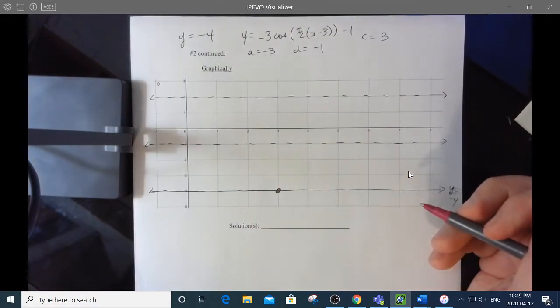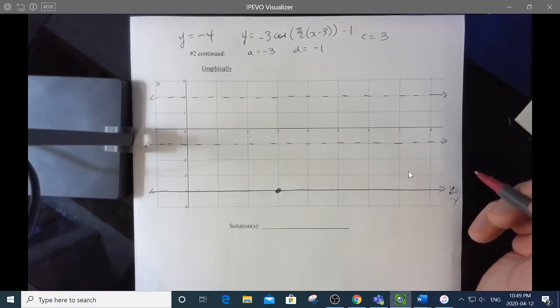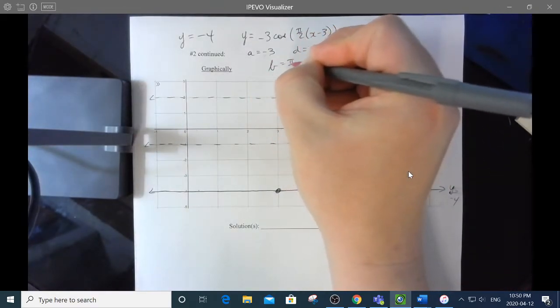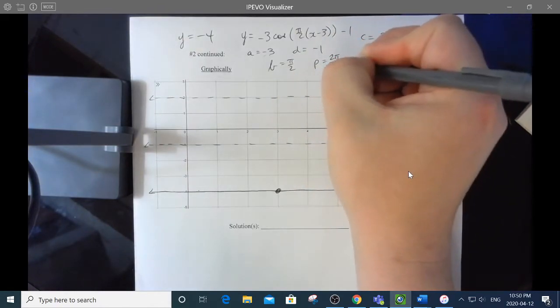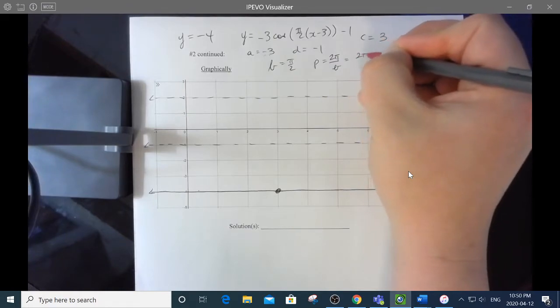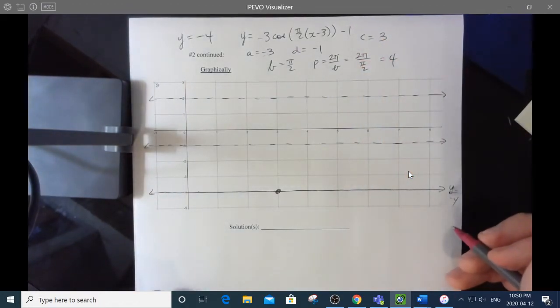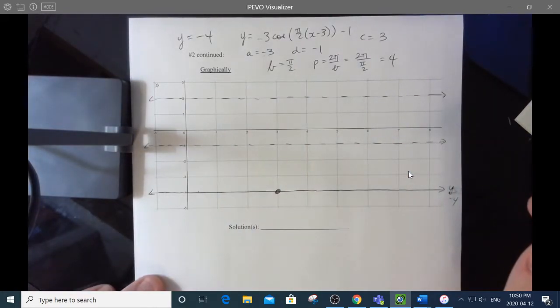And then I need to figure out how many loops it makes, so how many cycles it makes. So I kind of need to figure out my period, knowing that b is pi by 2, and that period is 2 pi over b, which is going to be 2 pi over pi by 2, which is 4. So that means that it makes one complete cycle in 4 units.